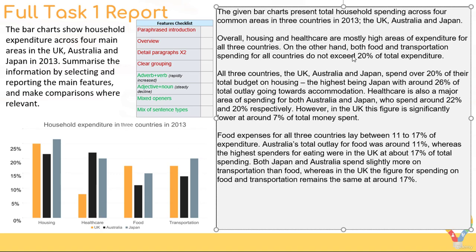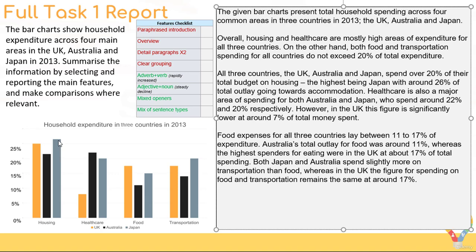On the other hand, both food and transportation spending for all countries do not exceed 20% of total expenditure. All 3 countries, the UK, Australia and Japan, spend over 20% of their total budget on housing. The highest being Japan, with around 26% of total outlay going towards accommodation.